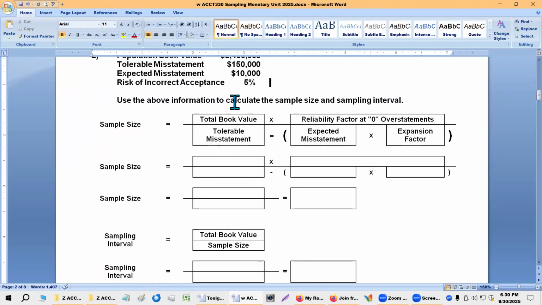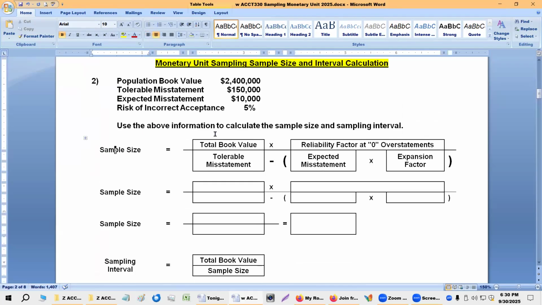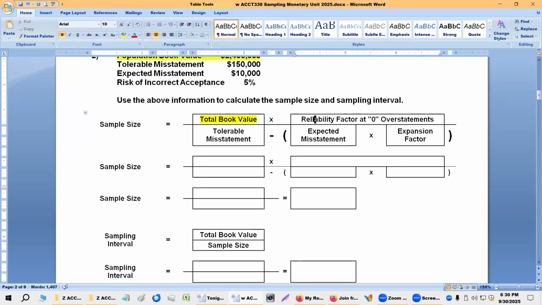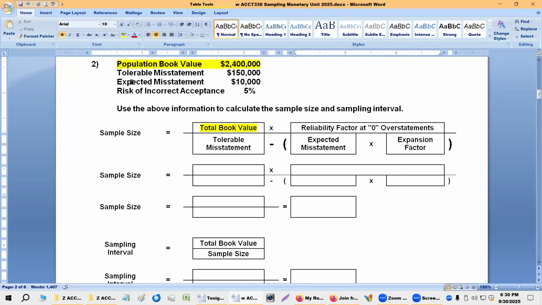Okay. So here is our sample size formula. Our total book value. Go ahead and highlight these. So here is our total book value. Reliability factor, we don't know what that is yet. Tolerable misstatement. So this is the amount that you will allow this account to be off by. 150,000.